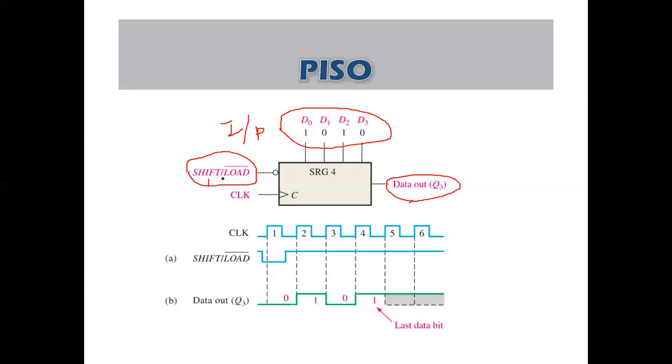If I apply 0, the load will be 1, so at that time the data will be loaded into the flip-flops. The inputs applied in the parallel portion will come into the flip-flops here. If I give 1 here, the shift will be on, and it starts to shift the data one after the other.